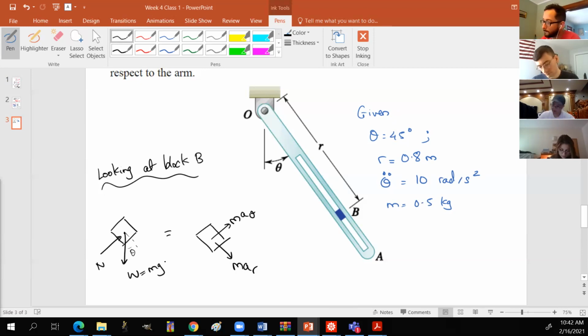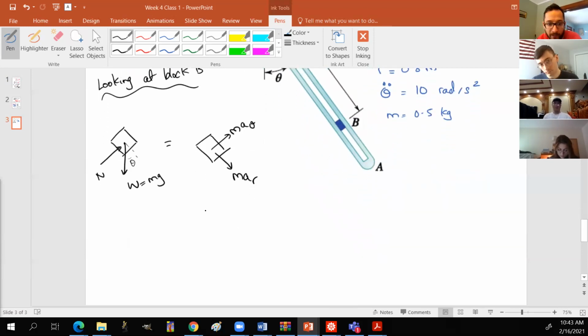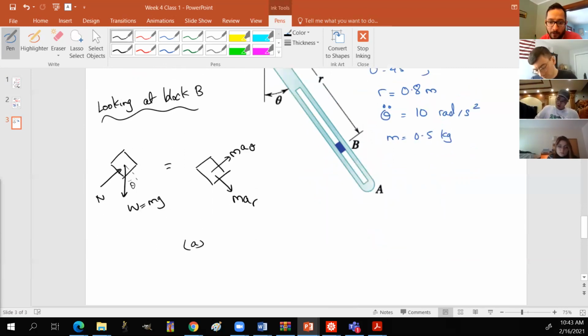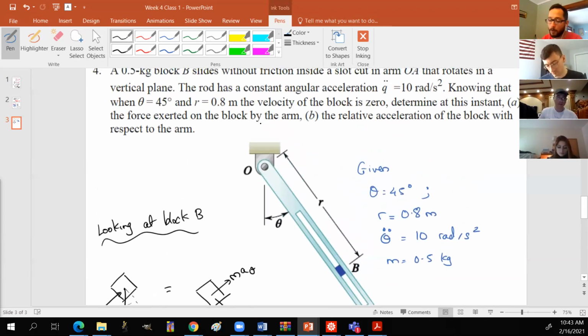So now, the first part is basically we have to find out what this normal force N is, the force exerted on the block by the arm.